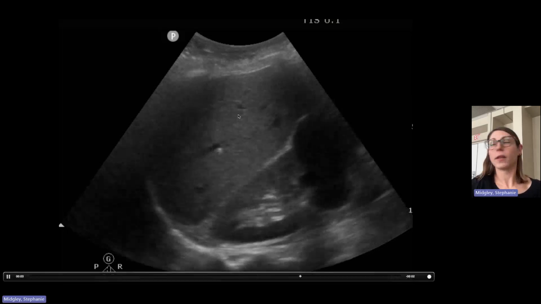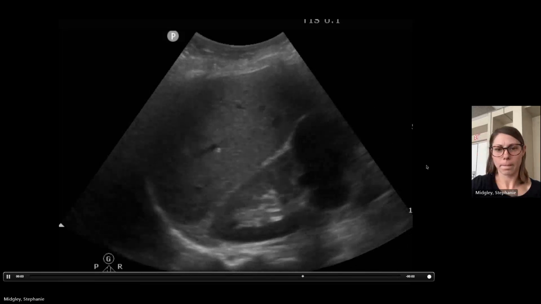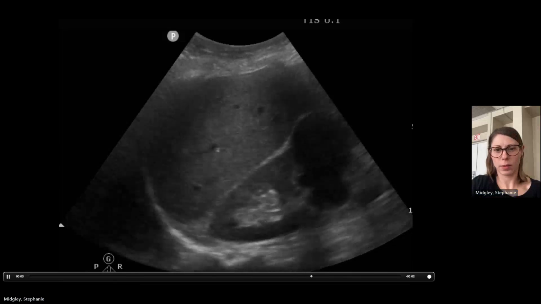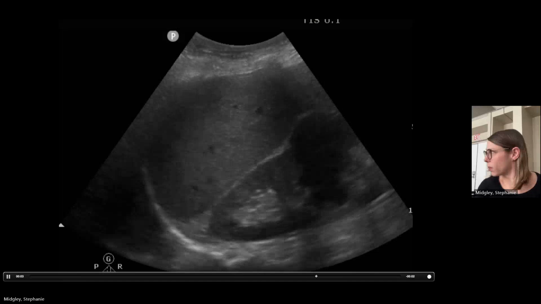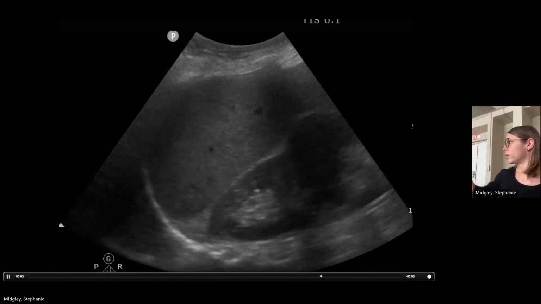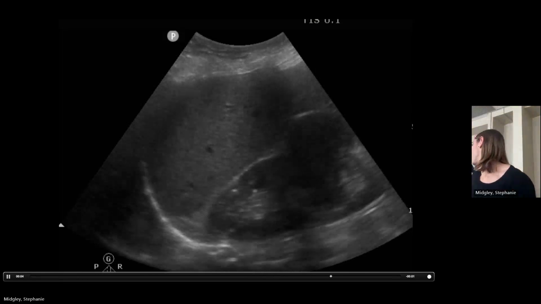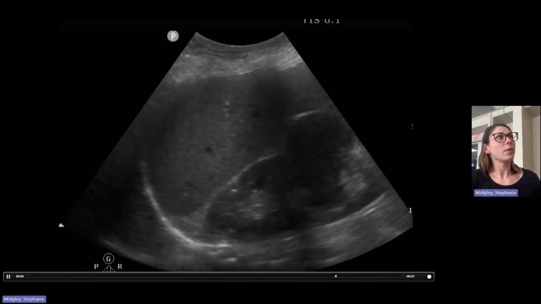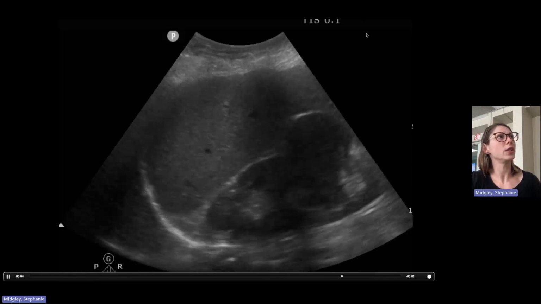So normal liver. All right, so when it comes to looking at the liver, it should be pretty homogeneous.